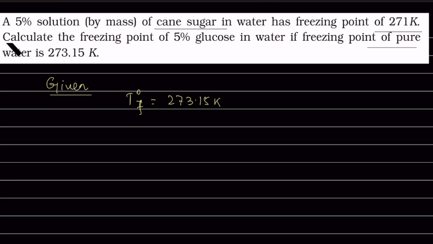So this we can write as TF equal to 271 Kelvin. These temperatures are based on when we are using cane sugar. Now we remove the cane sugar and substitute another case in which we place glucose. You can understand this in a simple way.